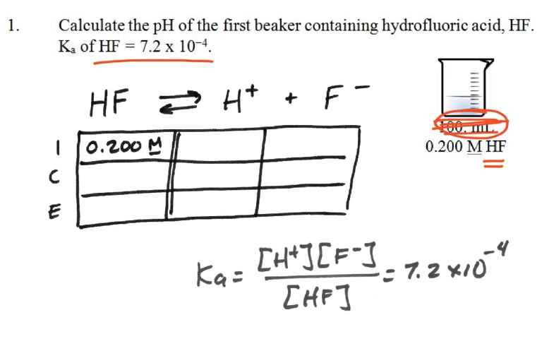If we have 0.2 molar HF, the equilibrium is HF breaks up to be H+ and F-. And initially we're going to say we have none of that. We're going to say X amount of HF dissociates. So if X dissociates, we end up with X H+ and X F-. So at equilibrium, we would have X and X, and we'd have 0.200 minus X here.